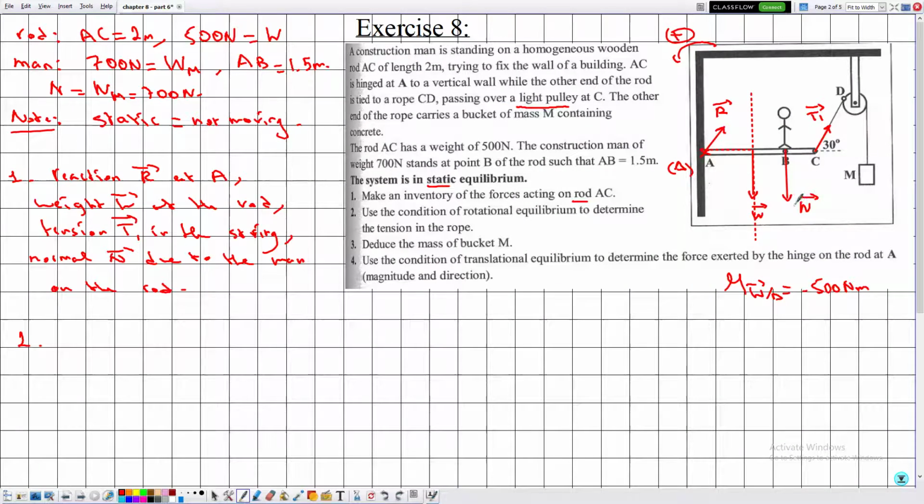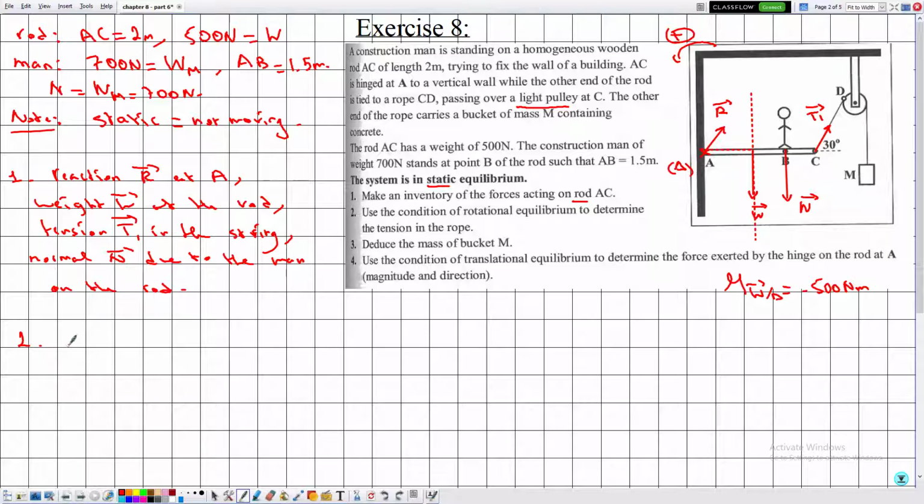Now the moment due to the normal reaction N. So I repeat, here it's a bit confusing. We are not considering the normal reaction exerted by the rod on the man, but rather the force exerted by the man on the rod.